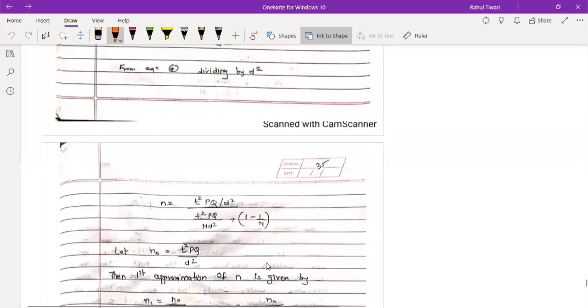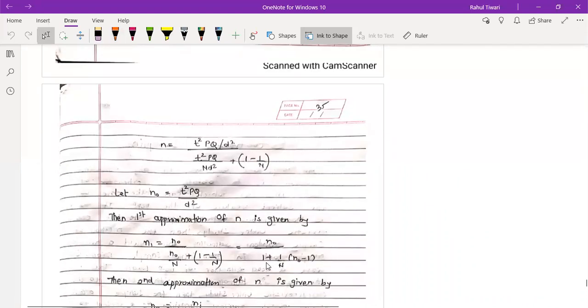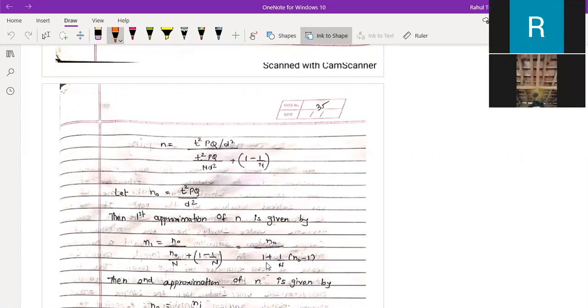So you can see this, right? Now if you see this quantity t square pq upon d square, and t square pq upon d square into n, assume those quantity will be small n. So my first approximation of n is going to be n1, which is n naught upon capital N plus 1 minus 1 upon capital N.